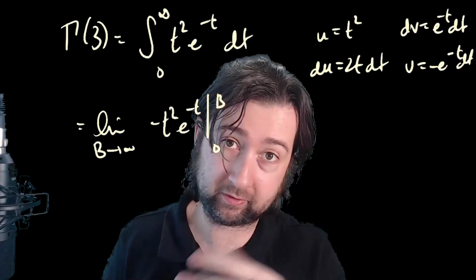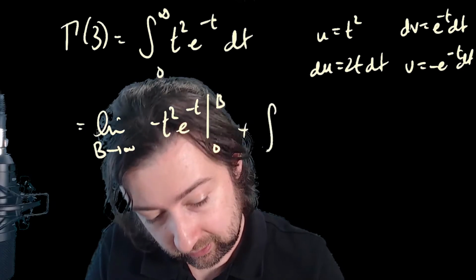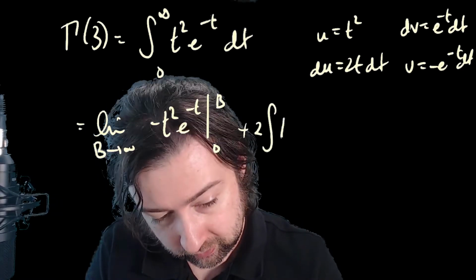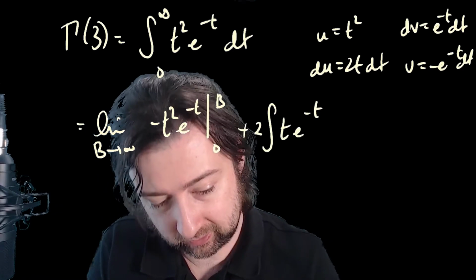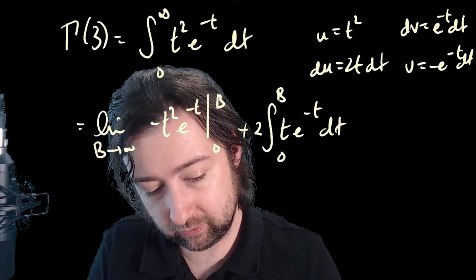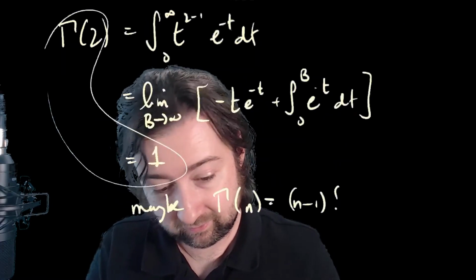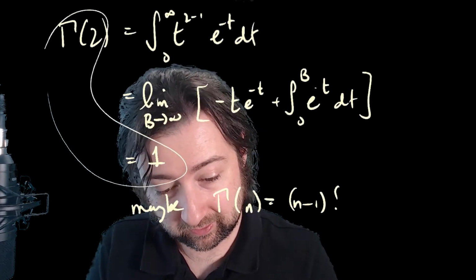All of that will turn into nothing just by L'Hopital's rule, plus the integral of 2 times t e to the minus t dt evaluated from 0 to b. And this dude right here, we've already seen that, because that's this.